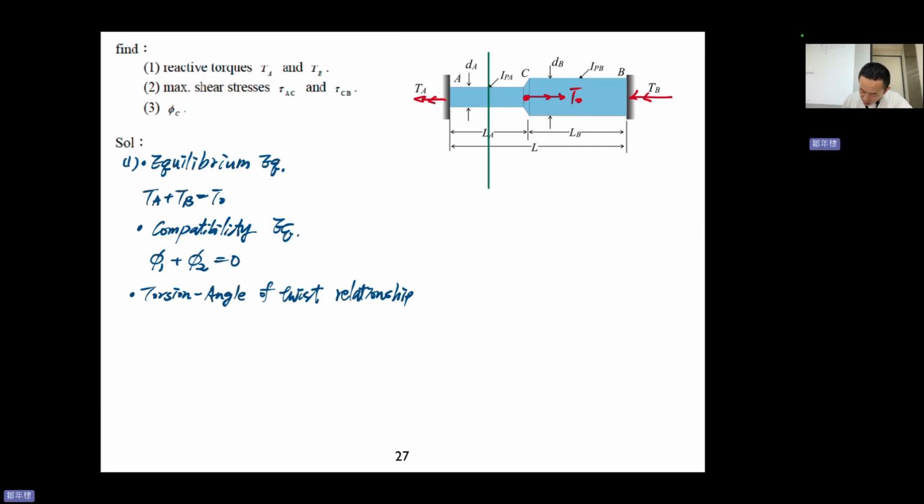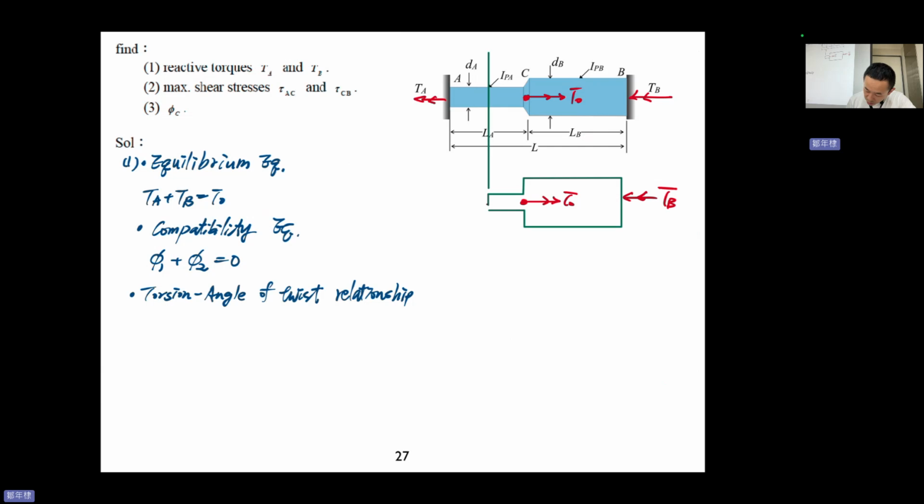We cut here and then we leave the right-hand side. Okay. So if we leave the right-hand side, and this is TB.